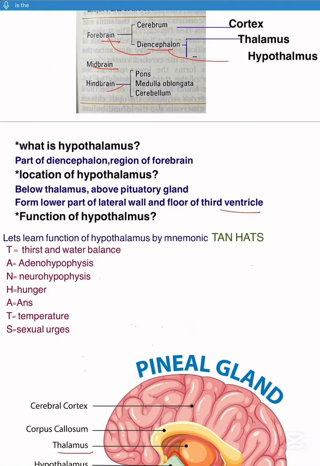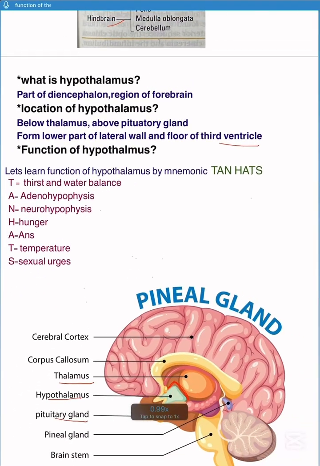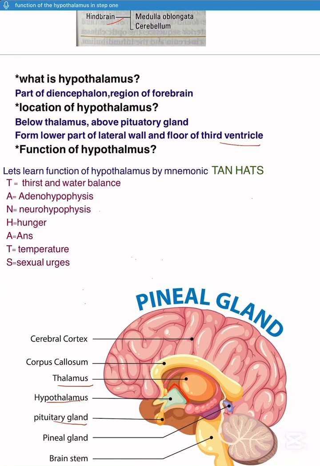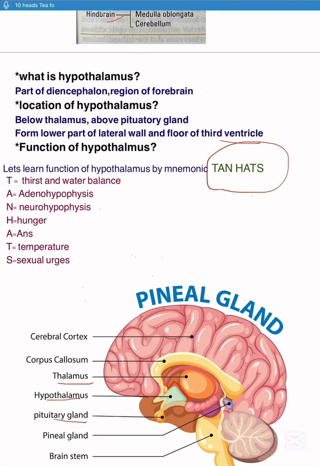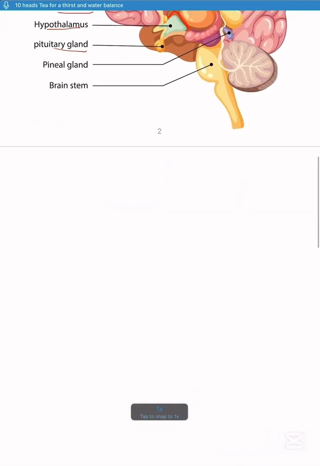Until now, we discussed what the hypothalamus is. It is a part of the diencephalon, which is a part of the forebrain, located below the thalamus and above the pituitary gland. To remember the functions of the hypothalamus, in Step 1 there is a very good mnemonic: TAN HAT. T for thirst and water balance.